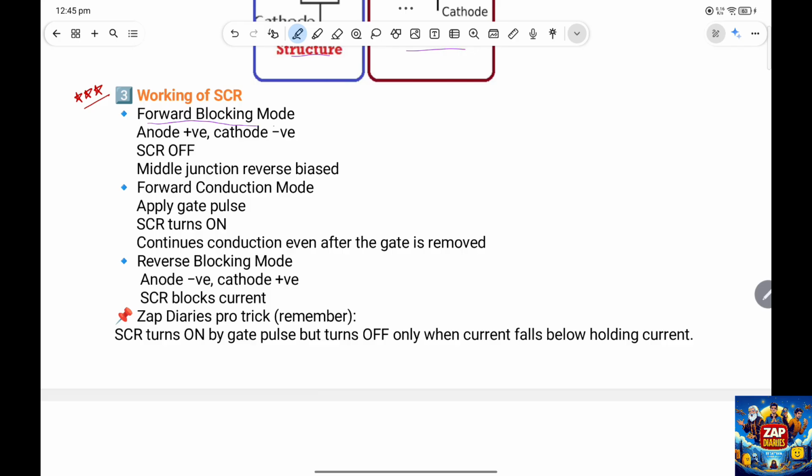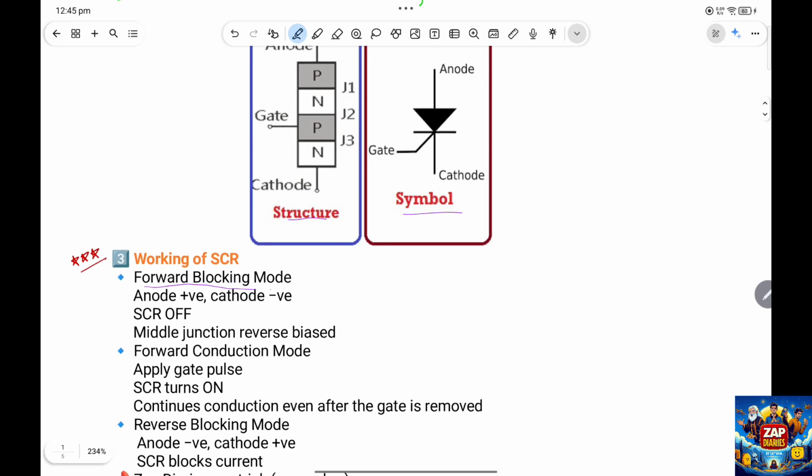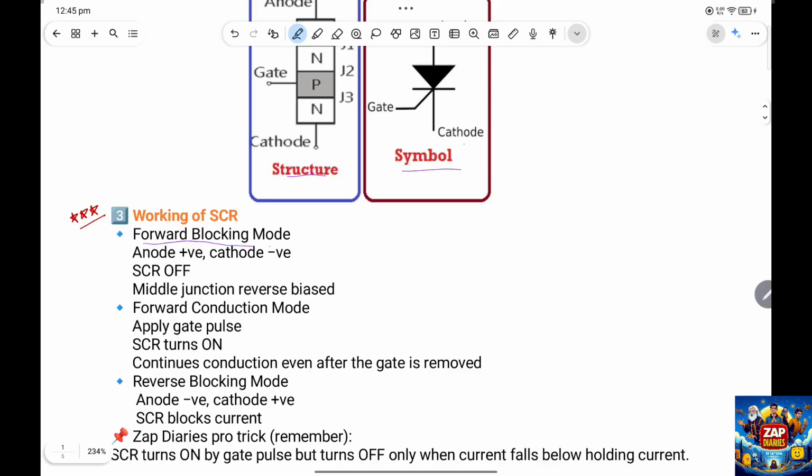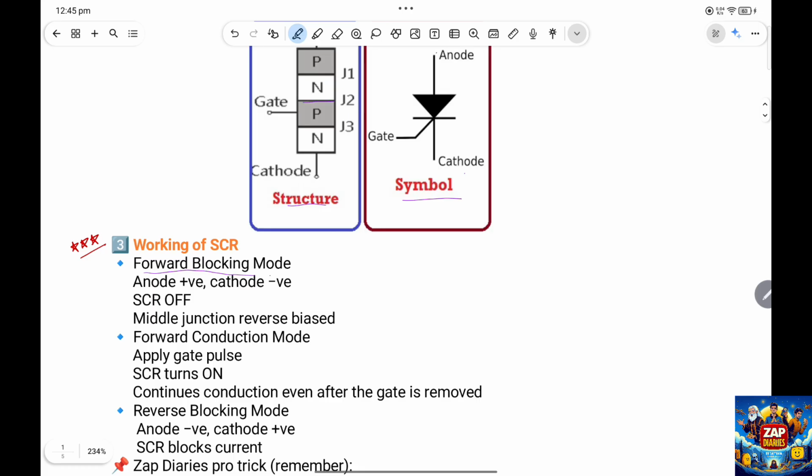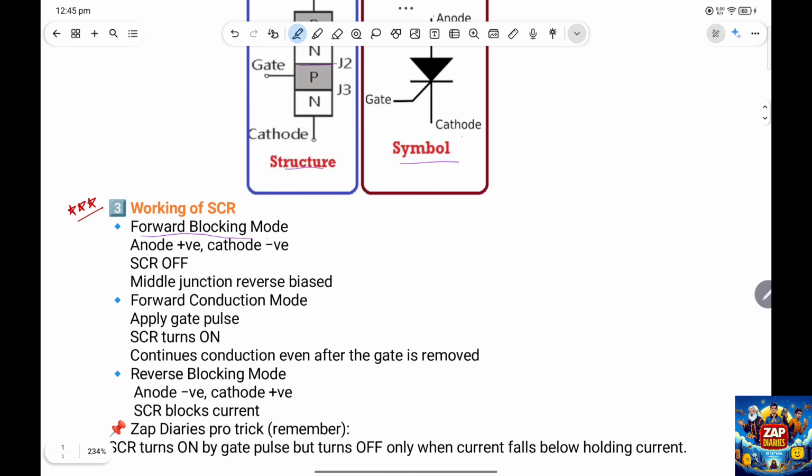The forward blocking mode, in which the anode is positive and the cathode is negative, so the SCR is generally off. Okay, and this is also called the middle junction, the J2 junction 2, which becomes reverse biased.